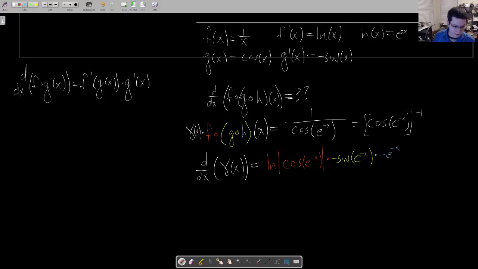Now, we can start combining things a little. So we'll have natural log of the cosine of e to the negative x times, negatives and the negative cancel out. You're left with e to the negative x times the sine of e to the negative x.